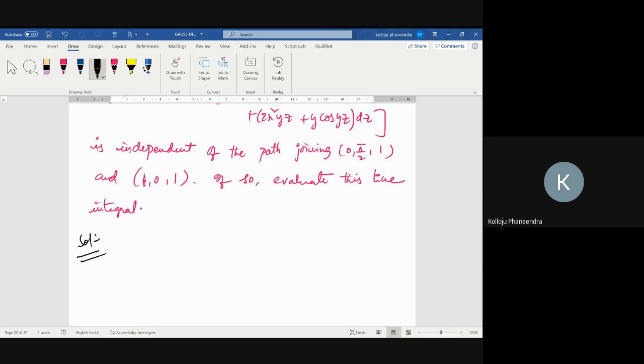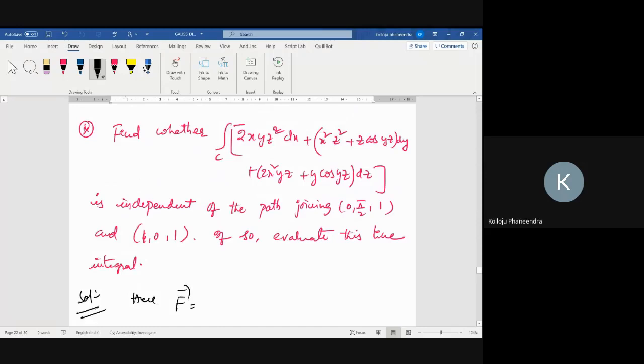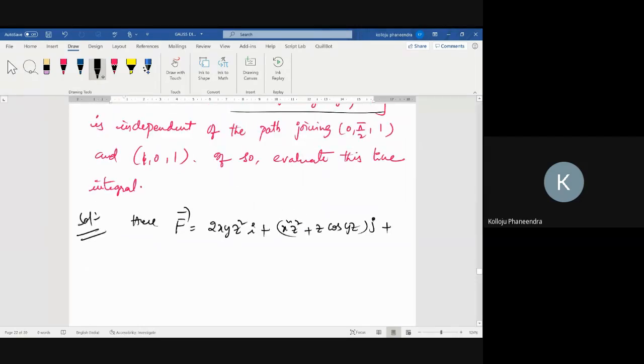So first observe what f bar is. This integral is given as the integral of f bar dot dr bar. So f bar is 2xyz square i plus x square z square plus z cos yz j plus 2x square yz plus y cos yz k.